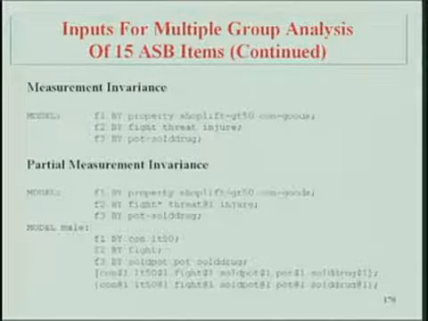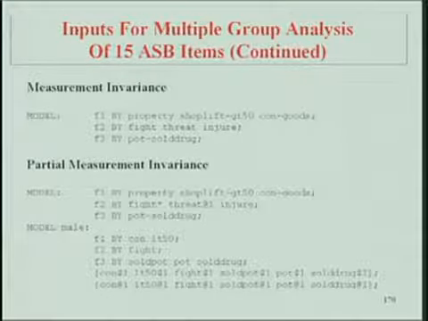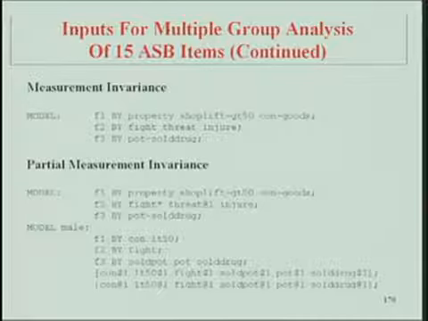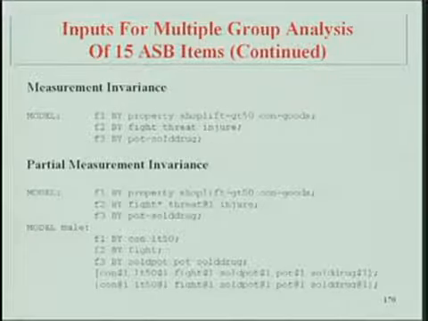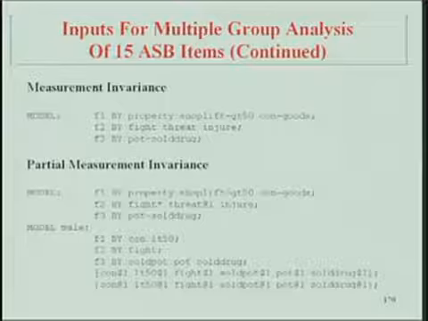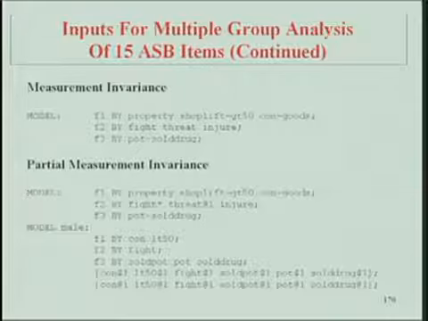Partial measurement invariance. Well, you have a model here in the overall, what's common to the 2 groups, and then you have a model male, which says which parameters have different values for males. And here we let the factor loading for con and less than $50 stealing be different between males and females, and the fight item to be different, and sold pot, sold drug would be different.